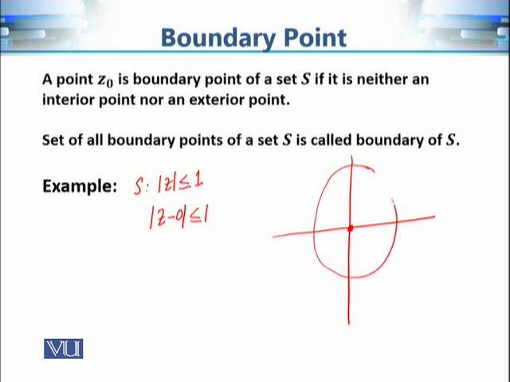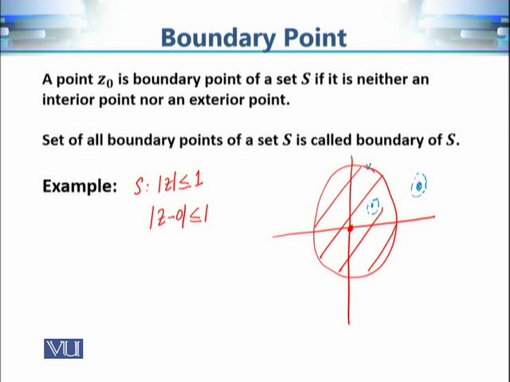Now in this case we get the following disk. What are the boundary points in this case? Of course, this point is not a boundary point because we can find an open disk, or a neighborhood of this point, which is outside S. So it becomes an exterior point. Similarly, if we take the following point, then it becomes an interior point because there exists a neighborhood which is contained inside this set S.